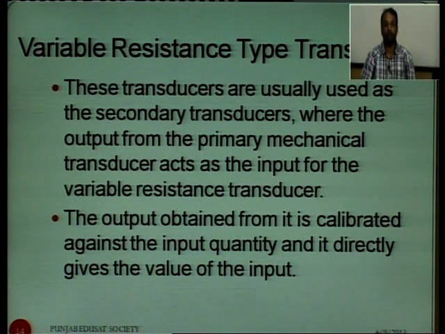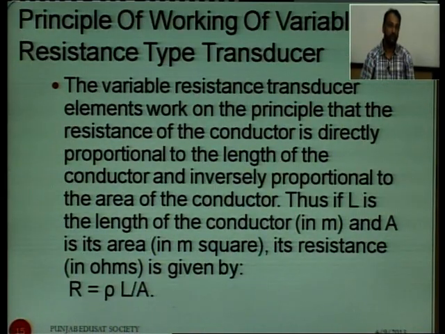They get input from one of the primary mechanical transducers. The output we obtain from it is calibrated against the input quantity. There is a calibration, a calculation of the output against input, and it directly gives the value of input.